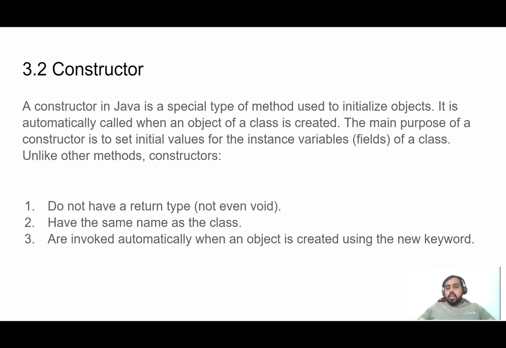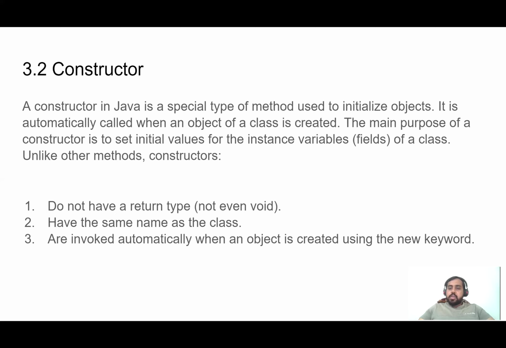So a class is a blueprint, and an object is a creation of this blueprint. When we create an object using the new operator, JVM will first call the constructor. It will first call the default constructor if there is no parameterized constructor available, depending on how we define it.